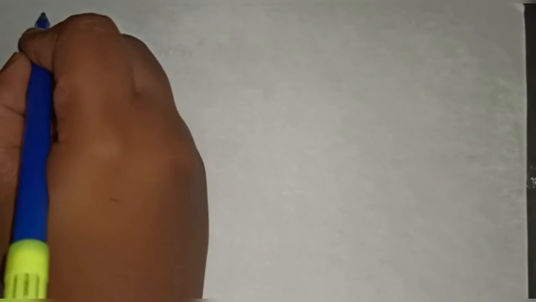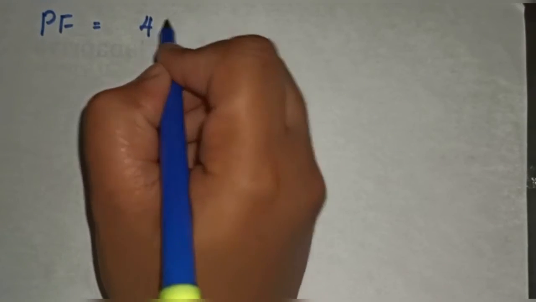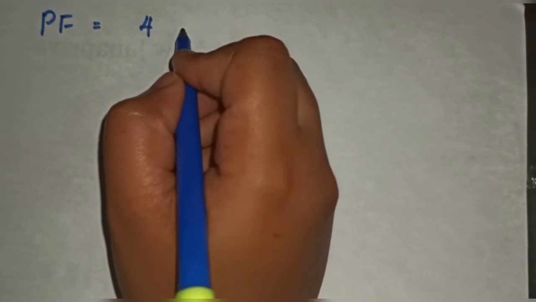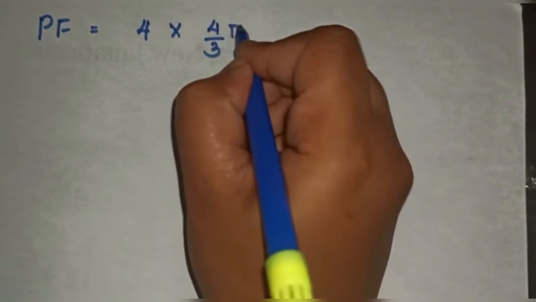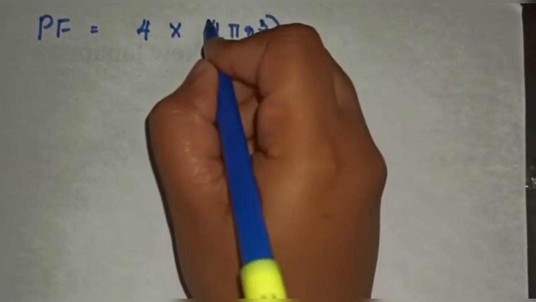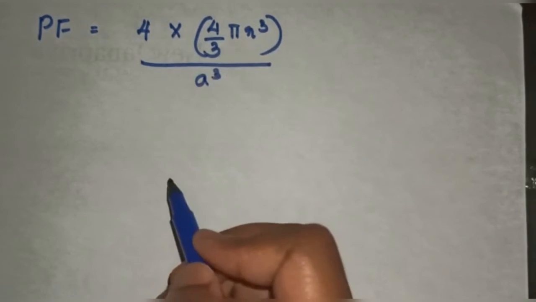So now we find the PF, the packing fraction, which will be 4, as the number of atoms, into 4 by 3 pi r cube, the volume of the sphere, by the volume of the cube.